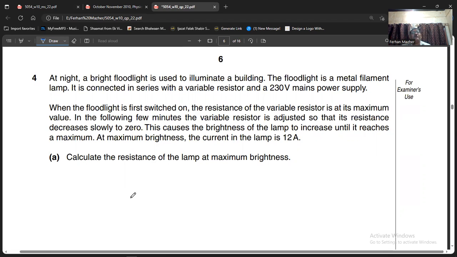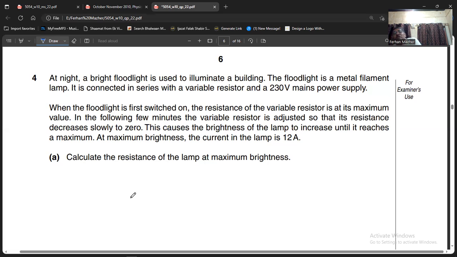In the following few minutes, the variable resistor is adjusted so that its resistance decreases slowly to 0. This causes the brightness of the lamp to increase until it reaches a maximum. At maximum brightness, the current in the lamp is 12 ampere. Calculate the resistance of the lamp at maximum brightness.